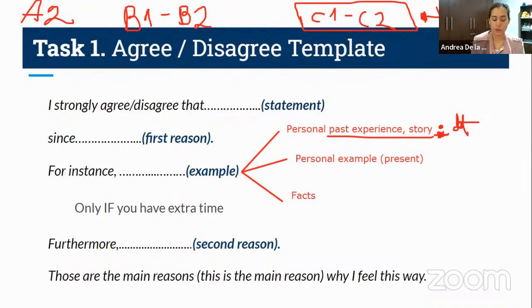Like, you don't have to talk about, because believe it or not, for example, when we talk about the reasons, I have seen some students that make it too complicated. I don't know why, but they're like, I strongly disagree that online courses are more effective since our brain needs a stimuli that is only available when you have a face-to-face interaction with the person that is teaching you that something. Therefore, you're not able to connect really through a screen.